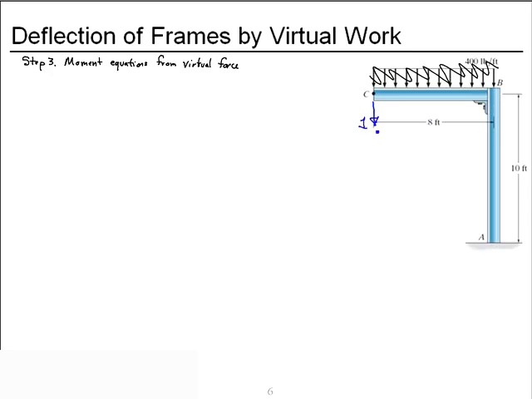We have to apply our virtual load at the location where we want to predict deflection, point C, and we need to apply it in the direction we want to predict deflection, in this case up or down. Since we draw it down, our assumption is that the deflection of the real structure will be down.